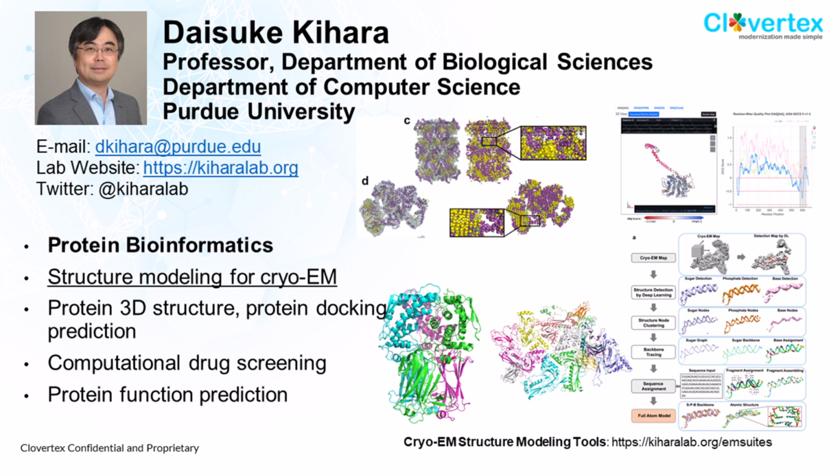We also do genome annotation from amino acid sequence, and we develop tools for this. So today I will introduce a couple of tools we have recently developed for protein and DNA, RNA structure modeling for cryo-EM maps.